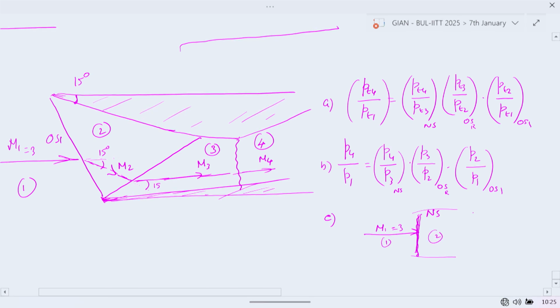So this is 1 and 2. What will be PT2 by PT1, the total pressure recovery? Also, for the sake of interest, we can find what is P2 by P1 if there's only one normal shock.